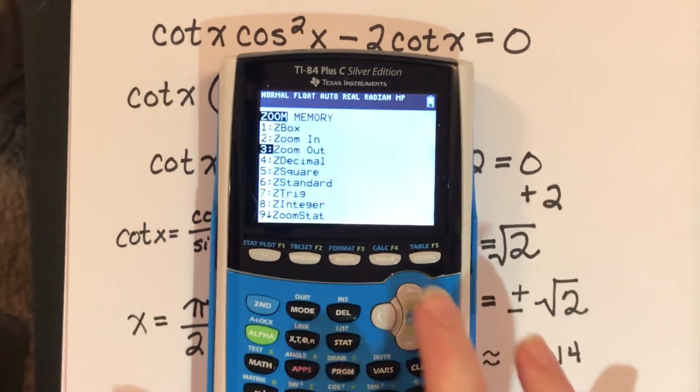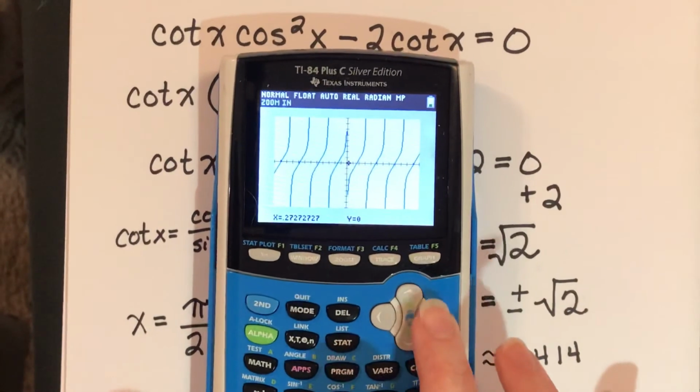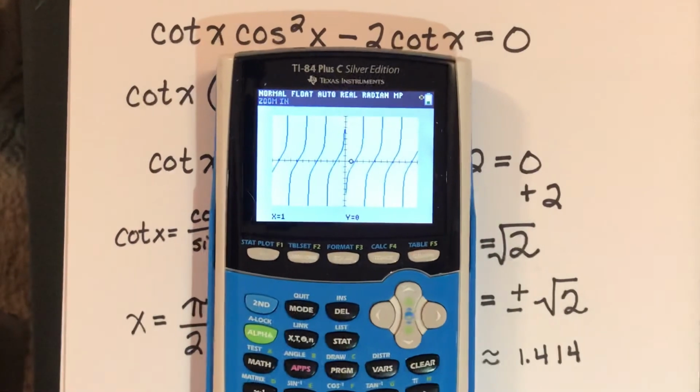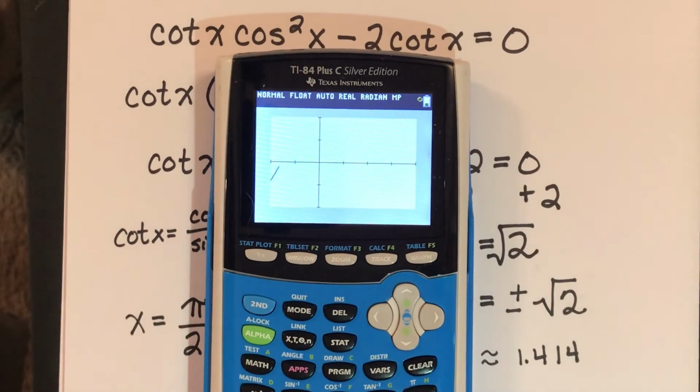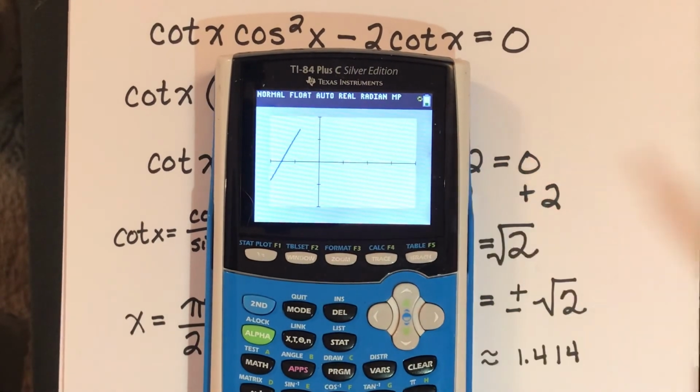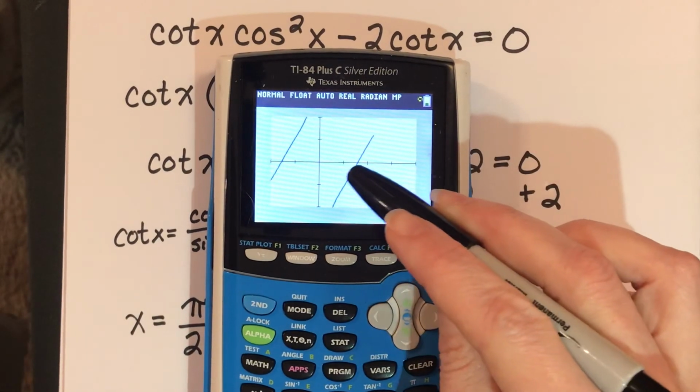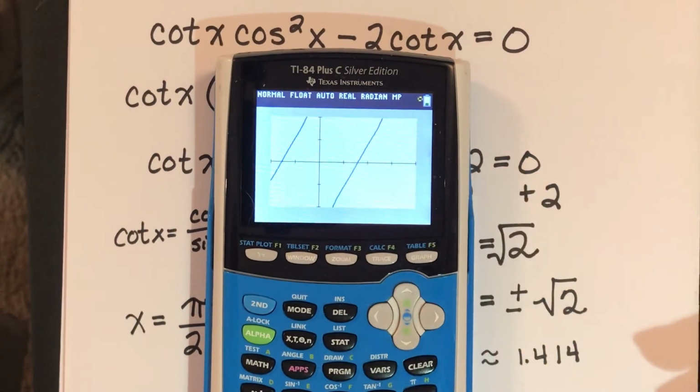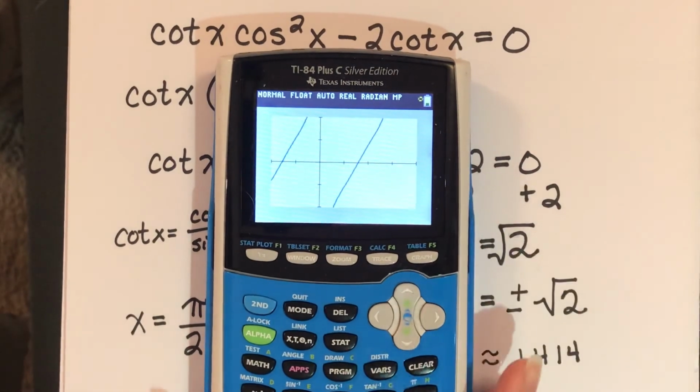And if we zoom in around here, it's going to be close to about 1.5. This is just taking its sweet old time, isn't it? There we go. Just a little bit more than 1.5, so right about 1.57, 1.6. So we got the right answer.